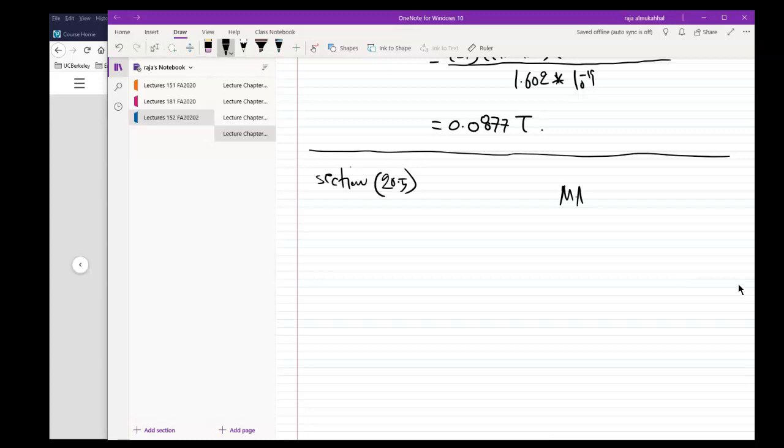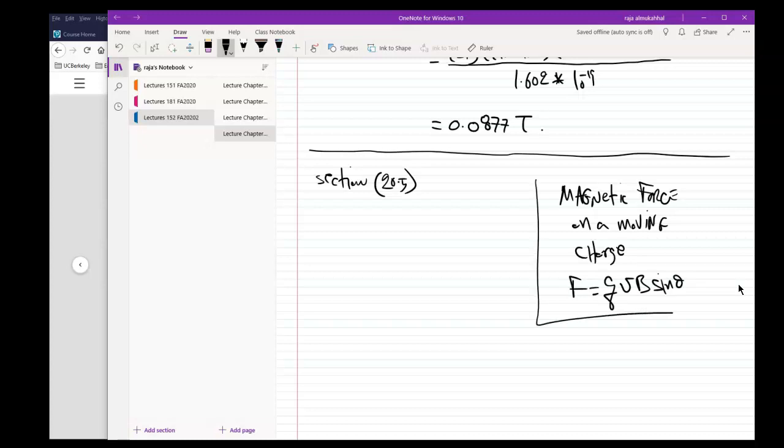So what is the magnetic force on a moving charge? F equals QVB sine theta. That's it. That's basically the answer. You see what I'm saying? Now, magnetic force on a current carrying wire.